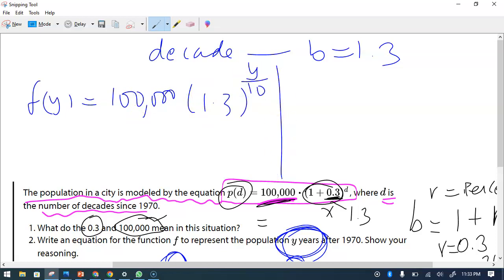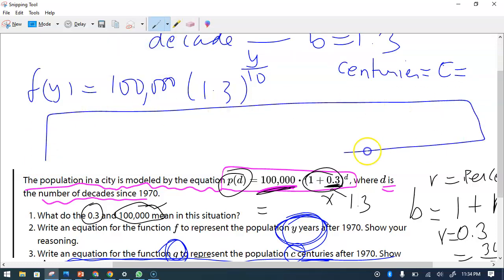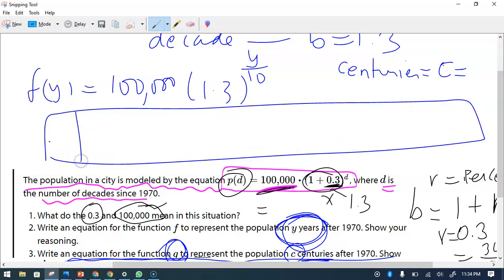Now, this time, he's talking about centuries. So centuries means what? Each century, how many years are there, or how many decades are there? Let me draw. Suppose I do it this way, starting with a decade. In the beginning it was D and it was f of y, right?